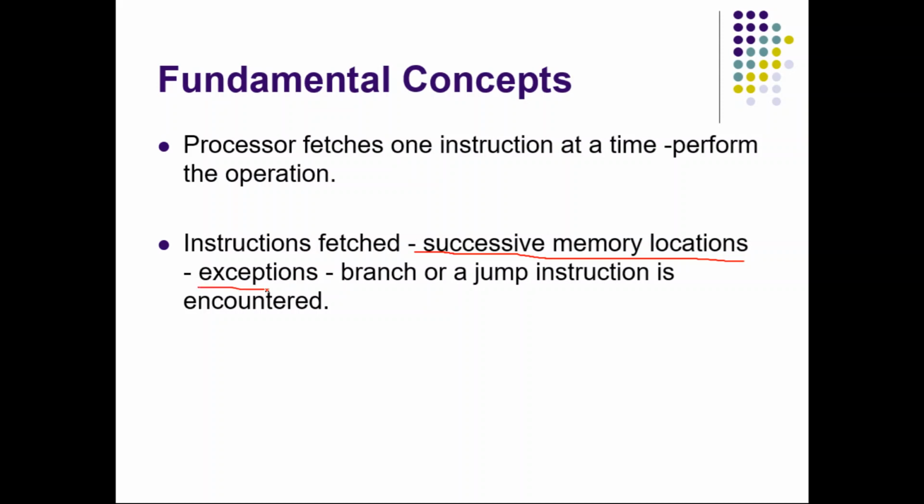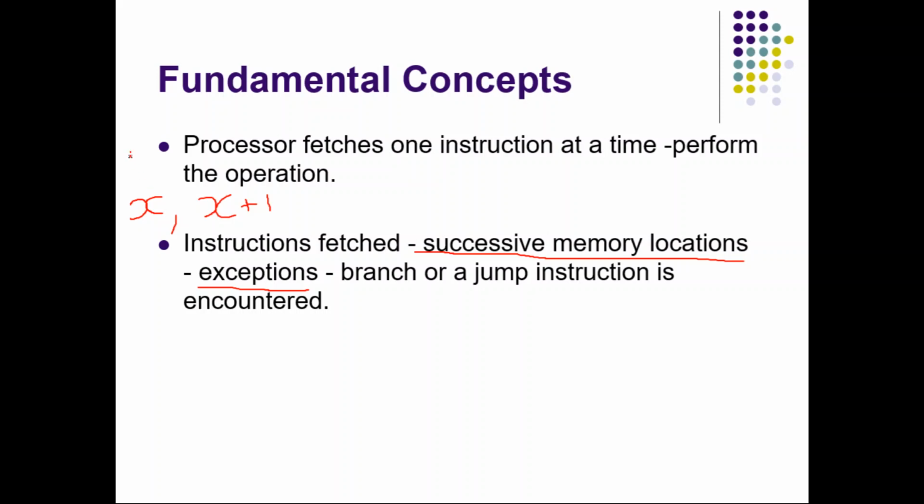If each address occupies only 1 byte, and the current instruction was fetched from location X, then the next instruction will be fetched from location X plus 1. Or normally we are discussing that each instruction occupies 32 bits, that is 4 bytes.